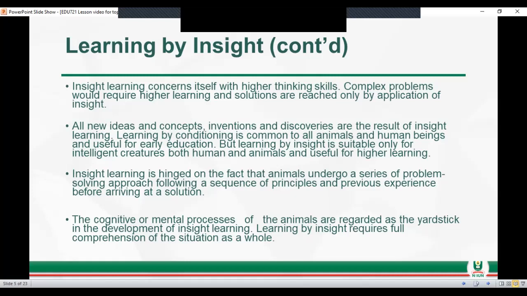Because they believe in the whole being greater than the sum of its parts, they believe that learning by insight requires full comprehension of the situation as a whole.